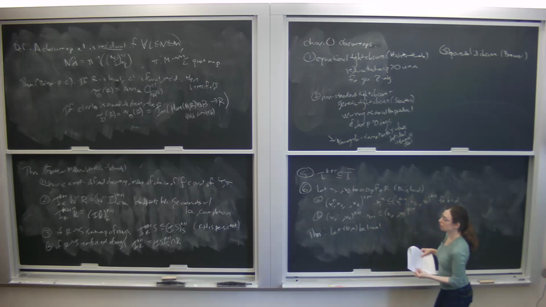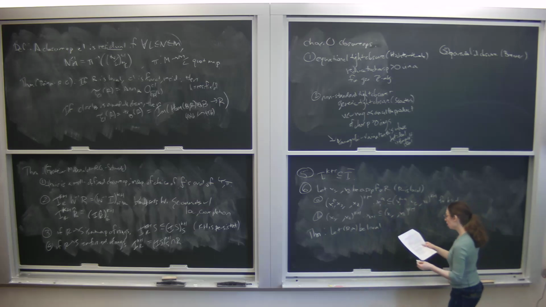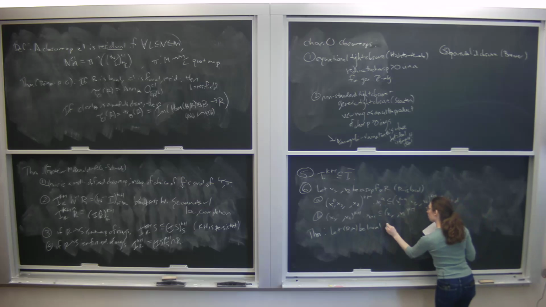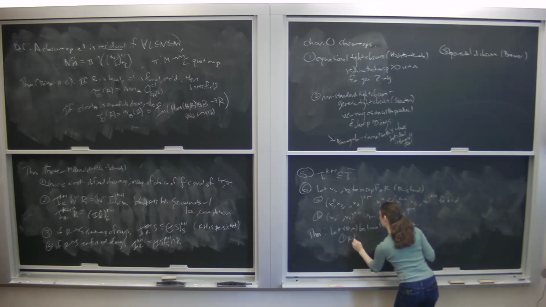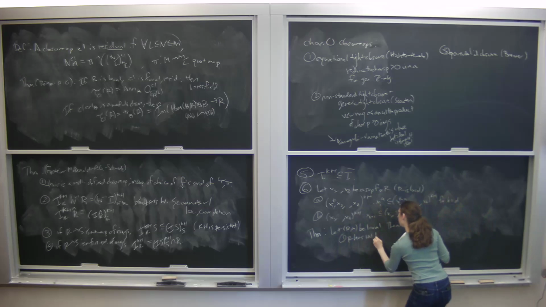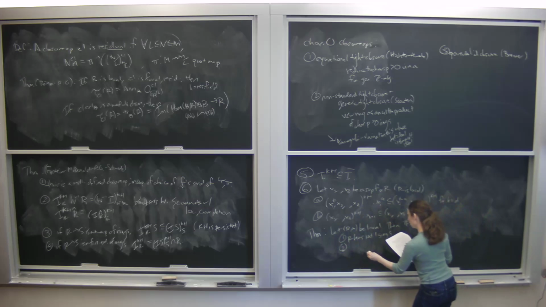So if we have a local ring plus all the hypotheses from earlier, I don't know where they've gotten to, then the following are equivalent. One, R has rational singularities. Two, every ideal is KH closed.